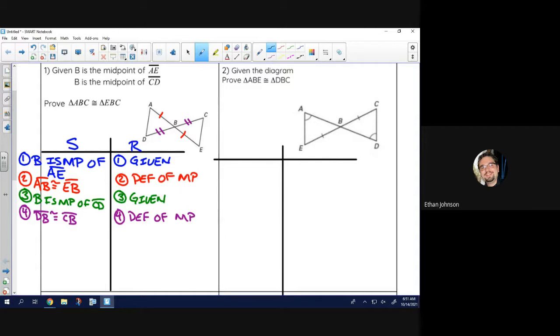We're out of givens, we're out of vocab, so I'm going to refer back to my triangle look-for list. First question, does it look like a bow tie? Well, in this case it does. Well, I know I have vertical angles.